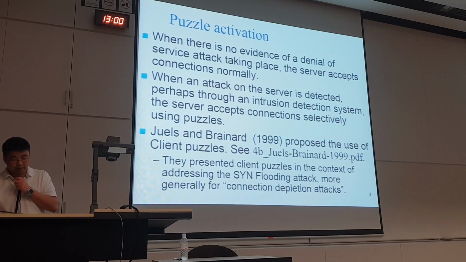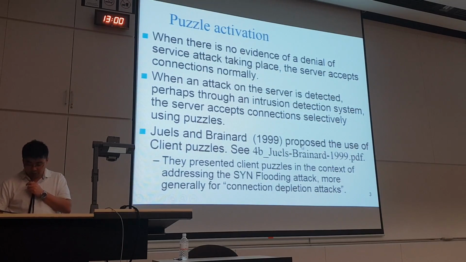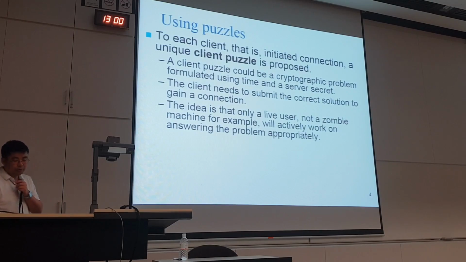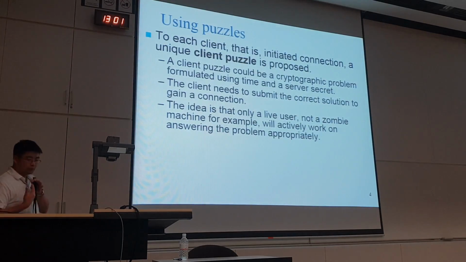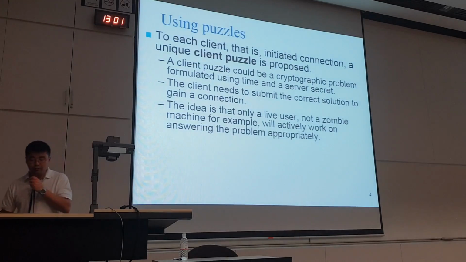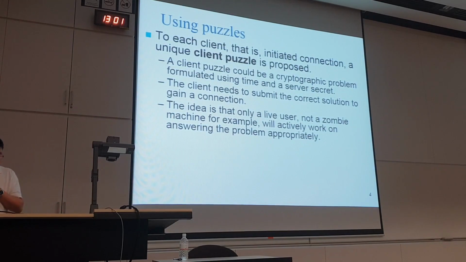There is a lot of mathematics involved in the paper, but you don't need to really worry about the details of that mathematics. Later we will see some examples, then you can understand. For example, how to create a puzzle, and how to measure the strength or the security level of a client puzzle. Right, so this is basically how we use client puzzles.